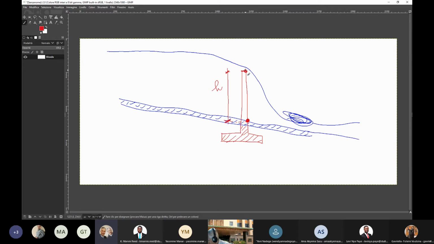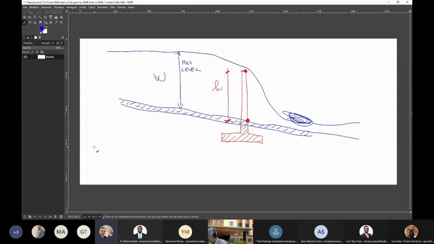And what is the storage? The storage is measured, it is this one, let me call it W, and it's measured at the highest regulation level. So if this is the max level in the reservoir, then with reference to this max level, I have to measure the storage.